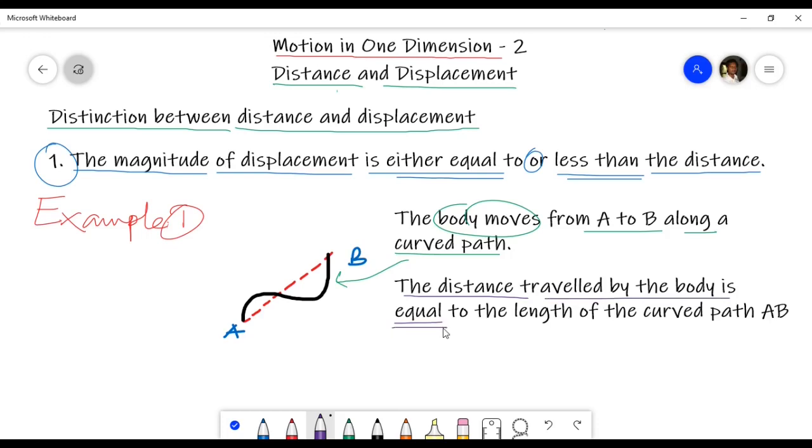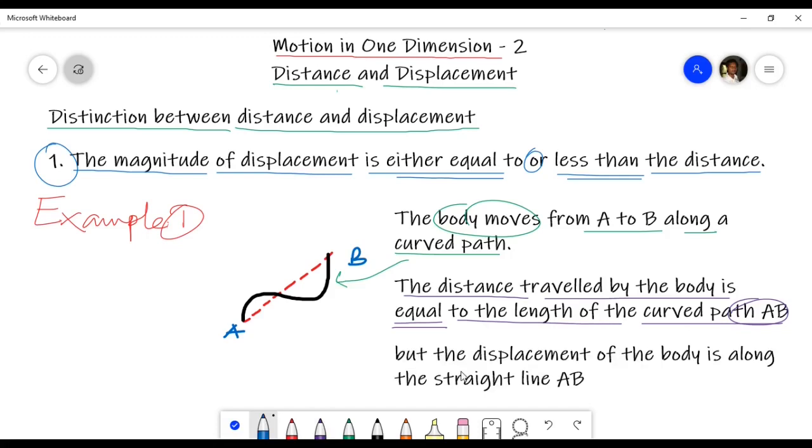I hope you're understanding this. The distance traveled by the body is equal to the length of the curved path AB. That was distance. But the displacement of the body is along the straight line AB, the shortest, right? The shortest path from A to B. That's what displacement is.